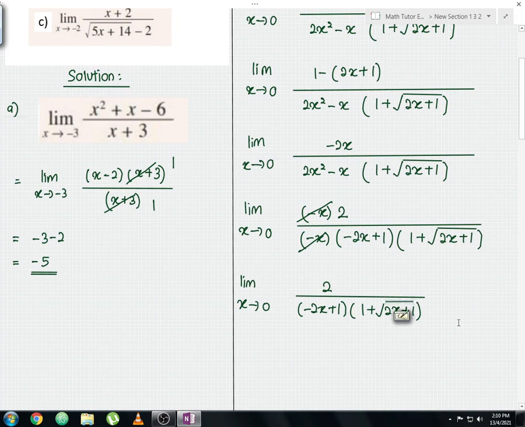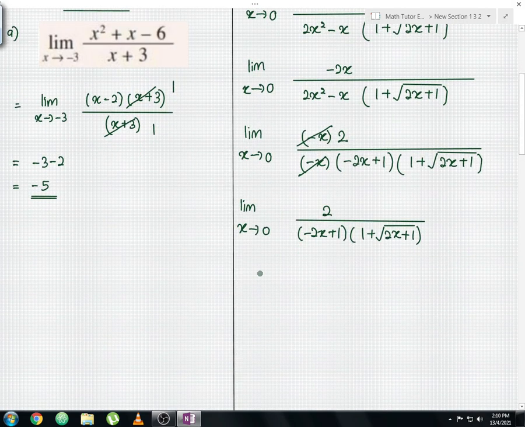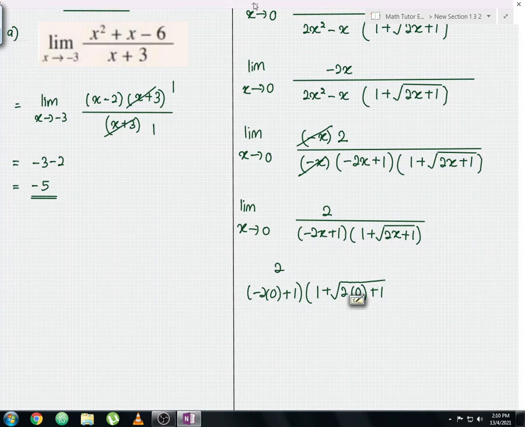So from here we can substitute the limit inside this expression over here. So let us substitute them. 2, and then you divide with negative 2 bracket 0 plus with 1, and then times with 1 plus square root 2 times with 0 plus with 1. Okay, you square root this. Okay, and then you underline the fraction.